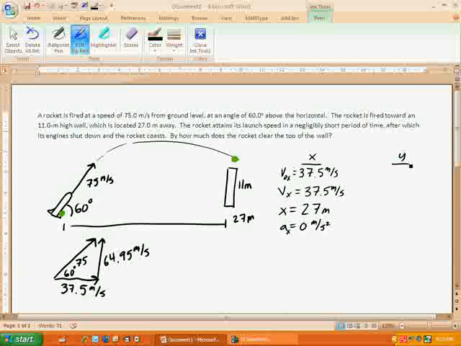In the y direction, the initial y velocity is 64.95, and the acceleration in the y direction is negative 9.81. That's all I know, because I don't have the time. I don't know exactly how high it is at this point in time.